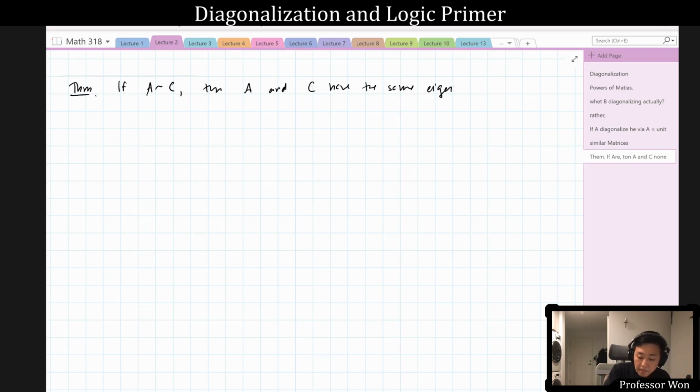Let me give you one example of a phenomenon where they behave similarly. If A and C are similar, then A and C have the same eigenvalues. One way they behave similarly is that they have the same eigenvalues. Okay, so let me give you a proof.